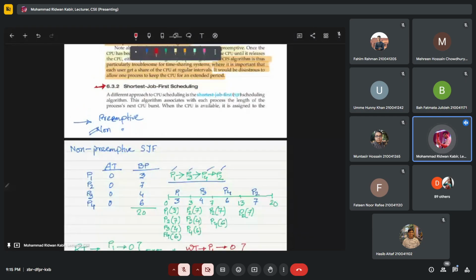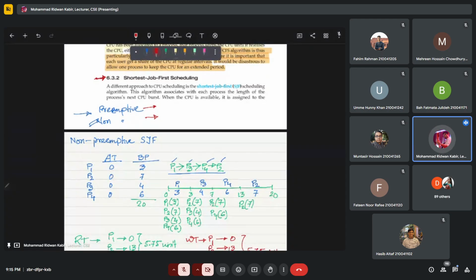The preemptive version and the non-preemptive version of shortest job first scheduling are quite different. The non-preemptive version in some cases can behave like the FCFS algorithm that we just discussed, whereas the preemptive version has a different implementation technique, which we'll discuss in the next class.